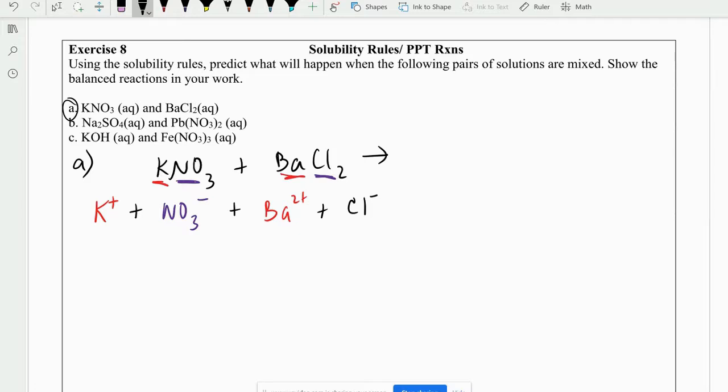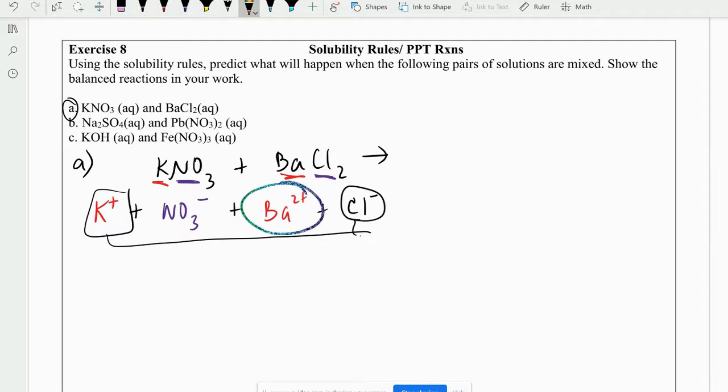Before we balance this equation, I'm just trying to give you the overview of how this reaction occurs. As the ions start floating around in solution, oftentimes what will happen is the cation of one compound is going to hook up with the anion of another compound. The opposite is true too. Barium, the cation of one compound, is going to hook up with the anion, or the negative ion, of the other compound.